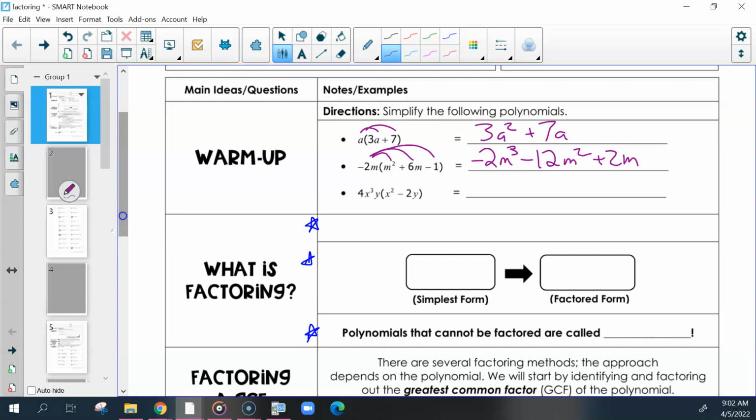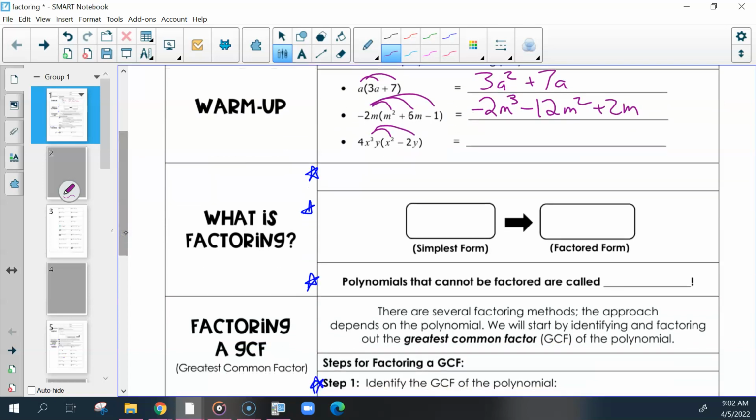Be careful with this one because you'll find a lot of things. 4x to the third, y times x squared, what would that be? 4, minus 6y. Not to the 6, 5. Sorry, y. Negative 2y. Negative 4x squared. Negative 8.